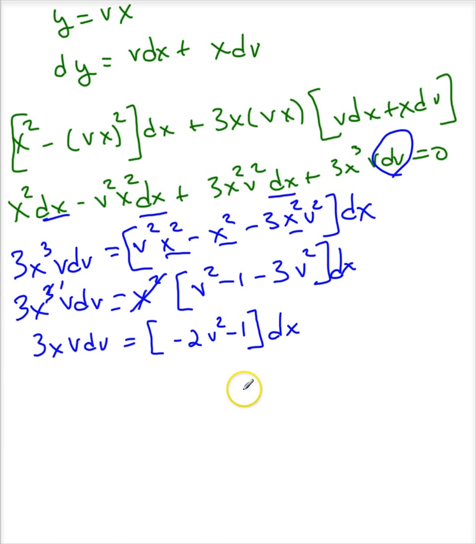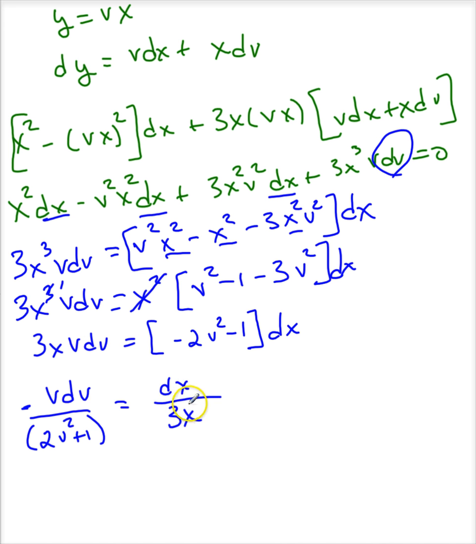Now I can separate variables. So I've got v dv divided by, now I'm going to factor this negative sign out because it's bugging me, 2v squared plus 1 in my denominator, so all my v's are on the left, equals dx over 3x. I usually bring any constants over to the right.